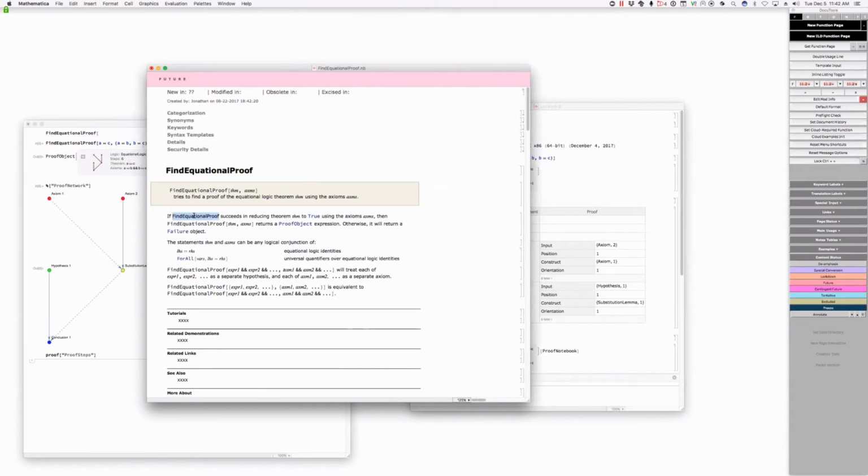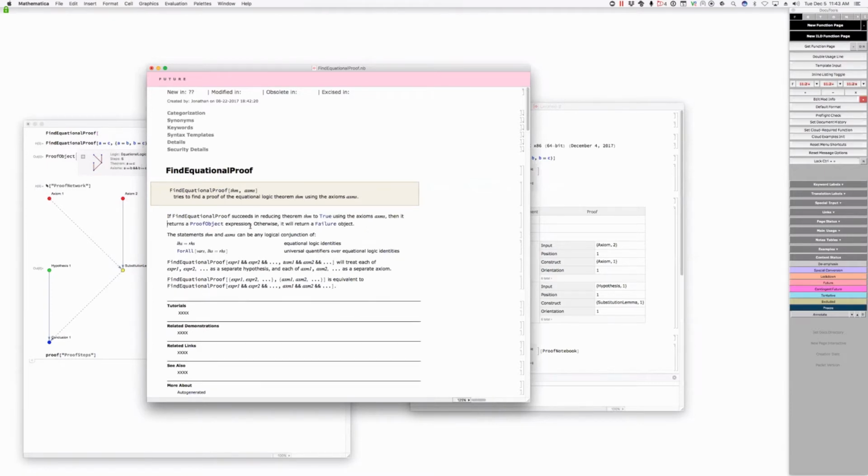Right. Correct? Mm-hmm. Then if it succeeds in reducing the theorem to false, it returns a failure object, right? Correct.